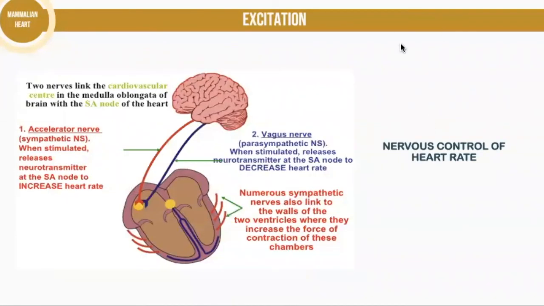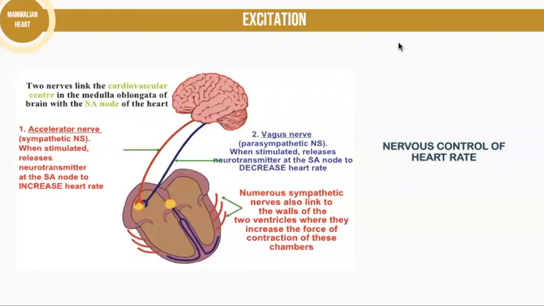Okay, so we're on the last part. The excitation of the heart is actually under nervous control. Both your sympathetic and parasympathetic nervous system influence your rhythmic contractions, your heart rate. Two nerves link the circulatory or cardiovascular center of the brain with the SA node of the heart.